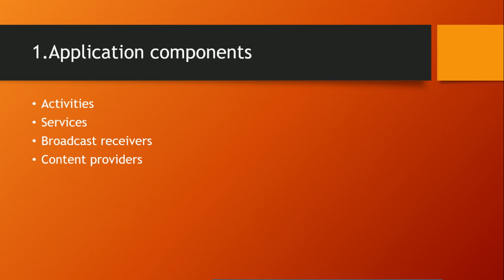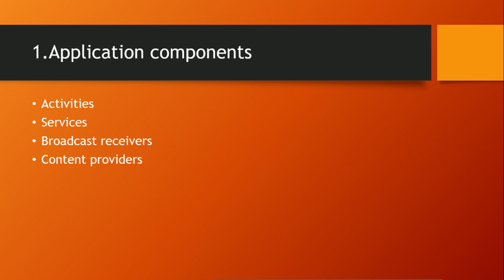A content provider basically manages a shared set of app data that you can store in the file system, in a SQLite database, on the web, or on any other persistent storage location that your app can access. Through the content provider, other apps can query or modify the data if the content provider allows it.